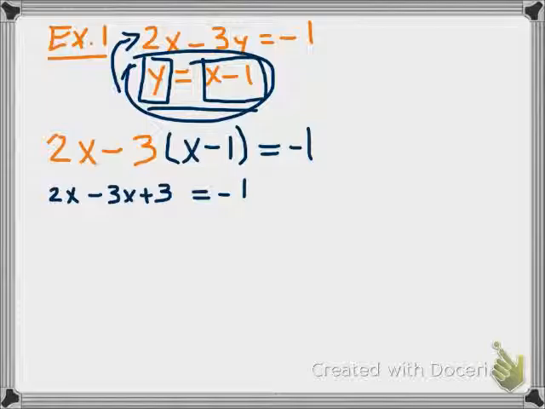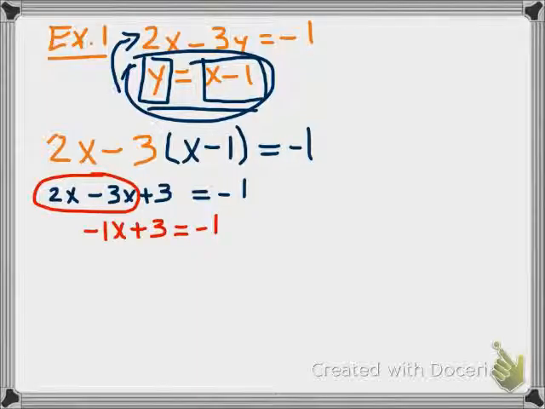So I look at the problem, and what can I combine? Obviously my x's. So 2x minus 3x is a negative 1x. We bring down that plus 3. And that right there is equal to a negative 1. So I'm trying to solve for x, so obviously I would have to leave the x here, but get rid of that plus 3. So how do you get rid of a plus 3?